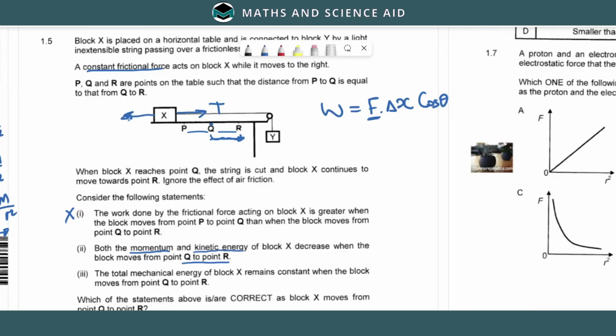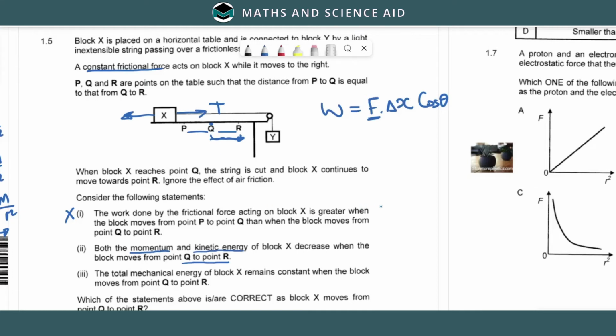So that alone tells us that from Q to R, the speed or velocity of the block will be decreasing. Okay, so when the block reaches point R here, it will have a smaller speed compared to when it was at point Q.